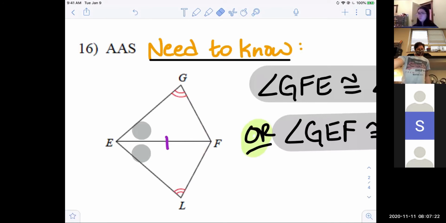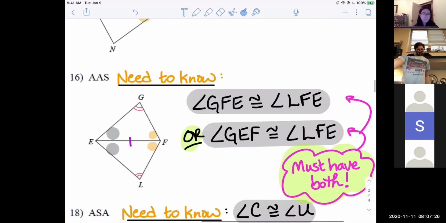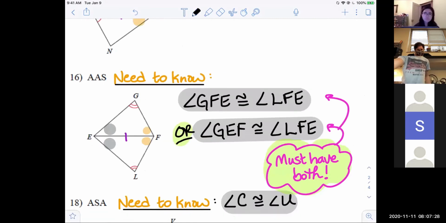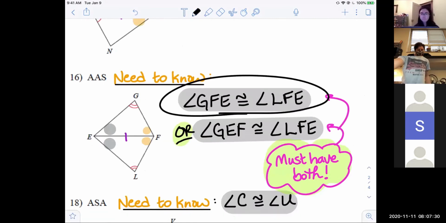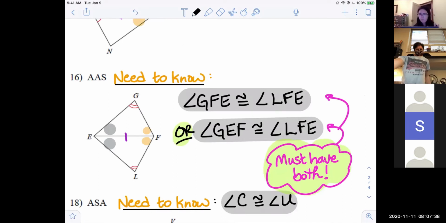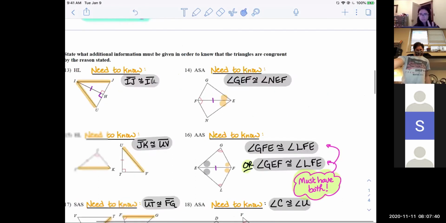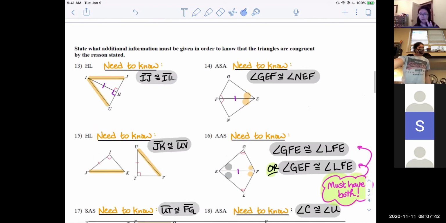Okay, so on that kind of problem, you should be listing both options because you don't have to know that, let's see, GFE, that the orange angles are congruent. Me giving you the gray angles congruent would also make the triangles congruent. So there's two different things that would be possibilities to be provided to you in order to make the triangles congruent by angle side.